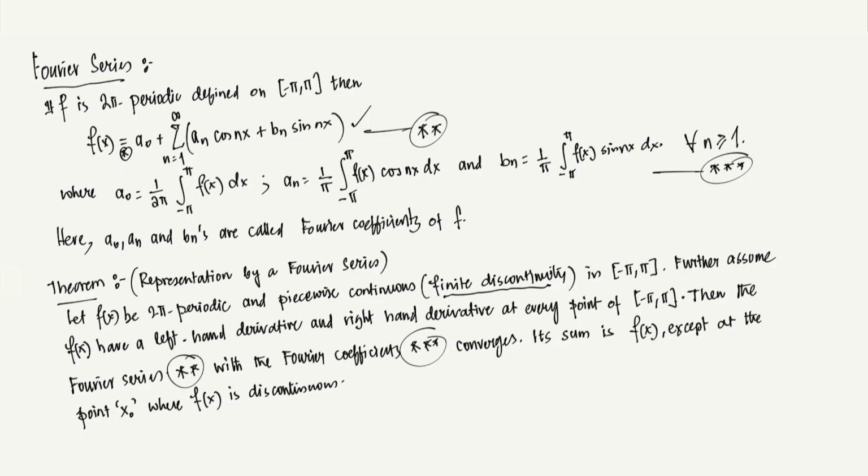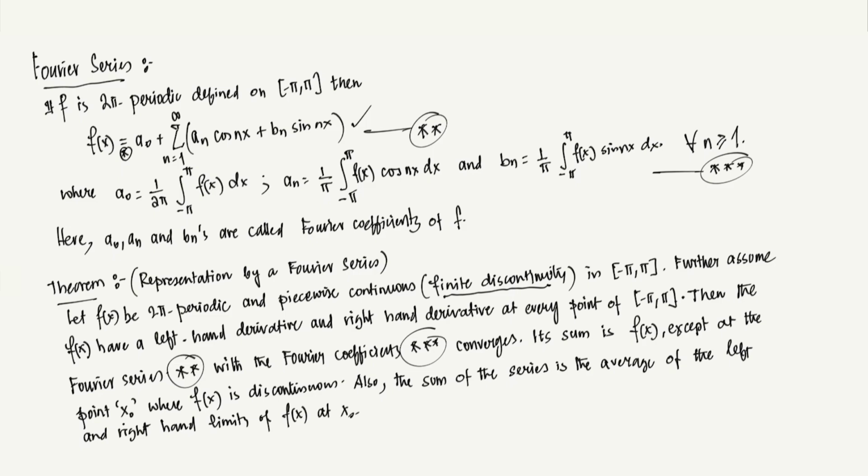Also, the sum of the series is the average of the left and right hand limits of f of x at x naught.